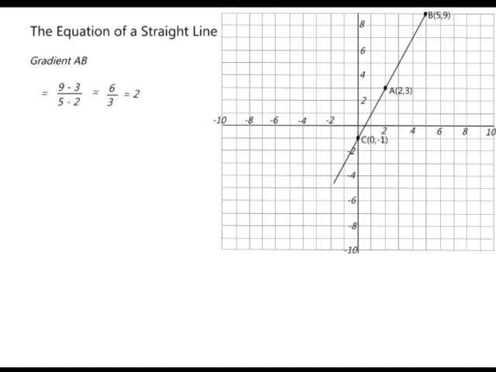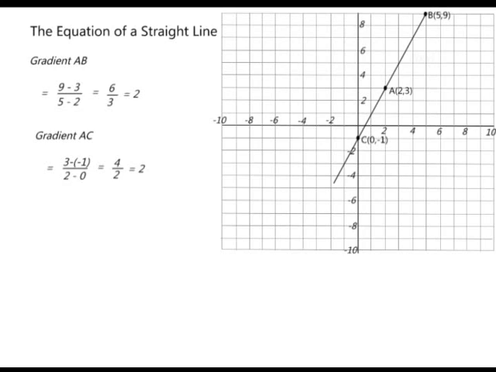For the gradient of the line picking the points A and C, we shall have 3 minus -1 over 2 minus 0, which gives us 4 over 2, which again is equal to 2. The gradients of the line AB and AC are the same because A, B, and C lie on the same straight line. Then, a straight line has a constant gradient.